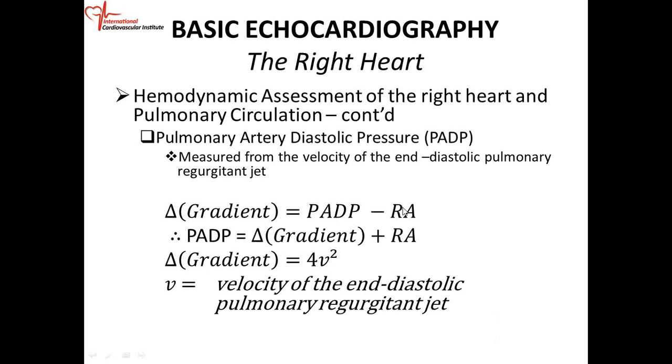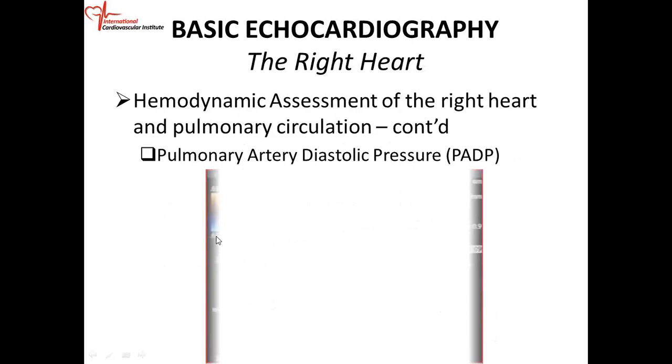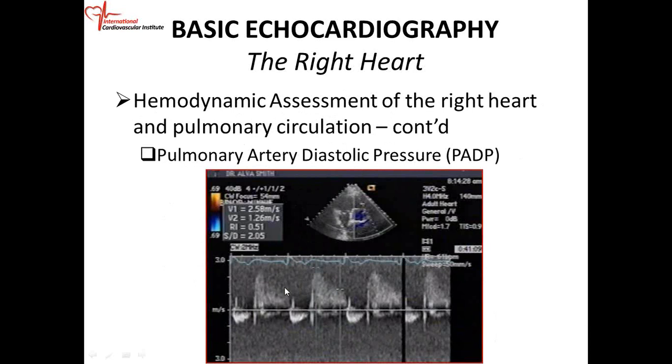The RV diastolic pressure is the same thing as the RA pressure. So this is the gradient, and it's the end diastolic velocity. You square the velocity, multiply by 4, you get the gradient. You add the right atrial pressure, and you get the pulmonary artery end diastolic pressure. Okay, so this is how it's done.